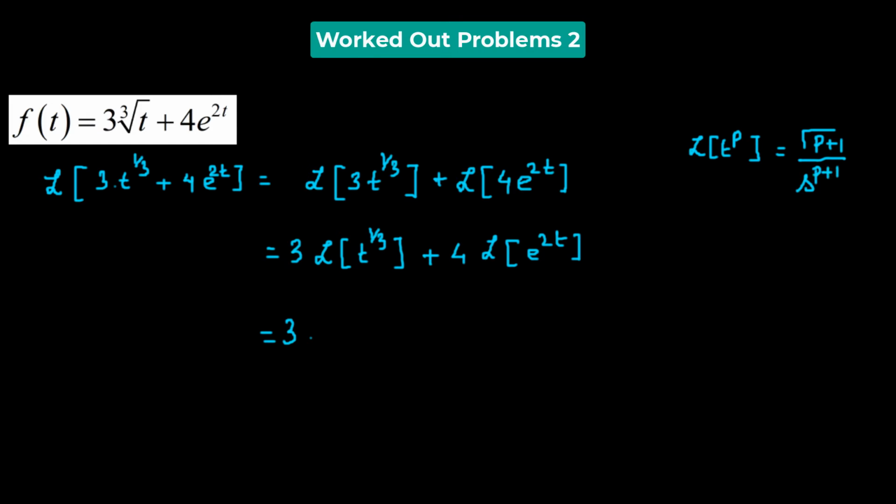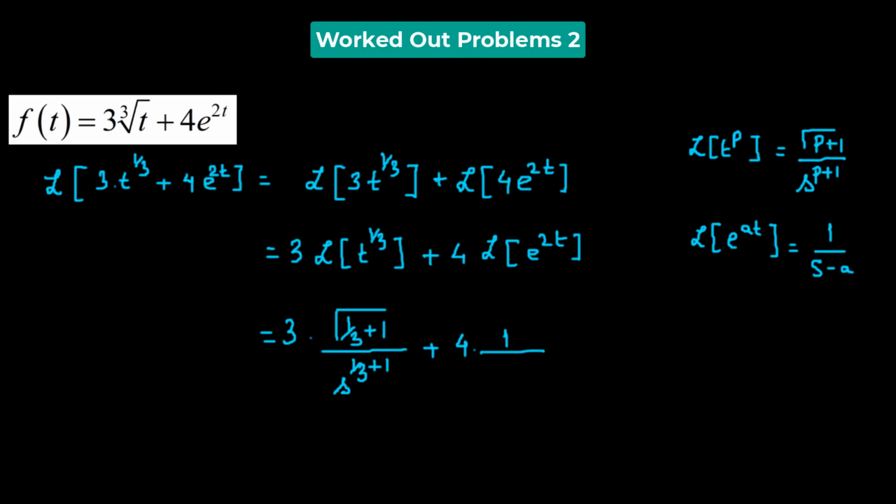So we have gamma of 1/3 plus 1 divided by s raised to the power of 1/3 plus 1, plus 4 times the Laplace transform of the exponential function. The Laplace transform of e raised to the power of at is given by 1 over s minus a. So here a is 2, so we have 1 over s minus 2.